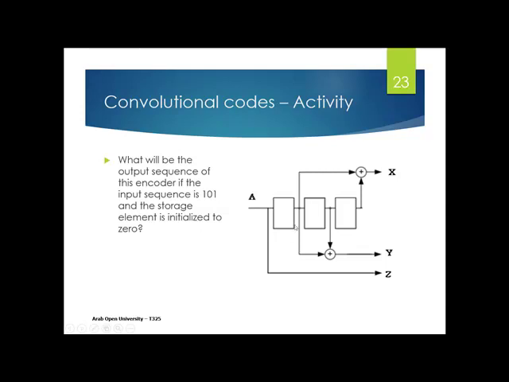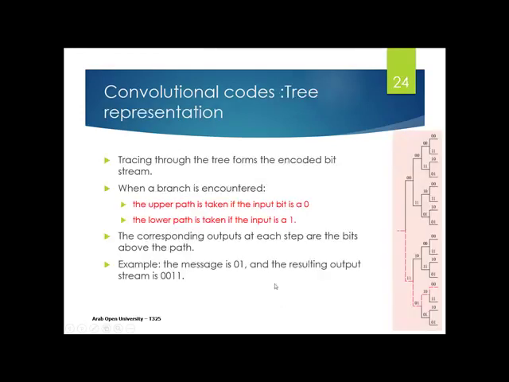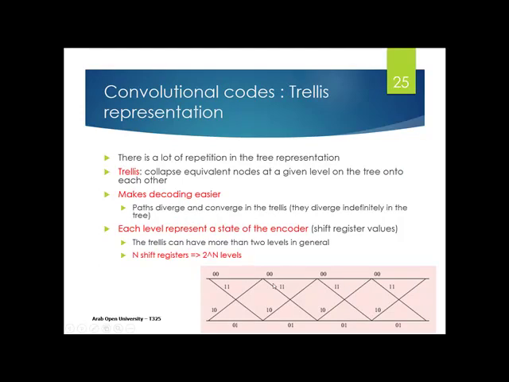So consider the case of 3 storage elements connected to the same input. Either there will be 0, 0, 0 or 1, 1, 1, and in this case there are only 2 states of the encoder and 2 levels of the trellis representation.